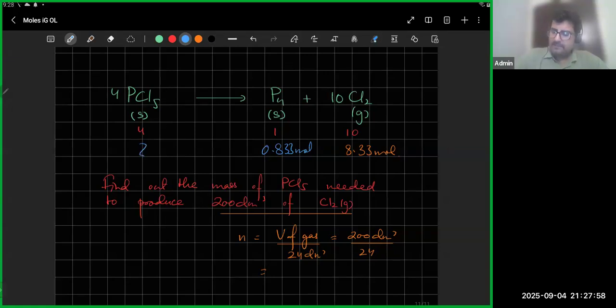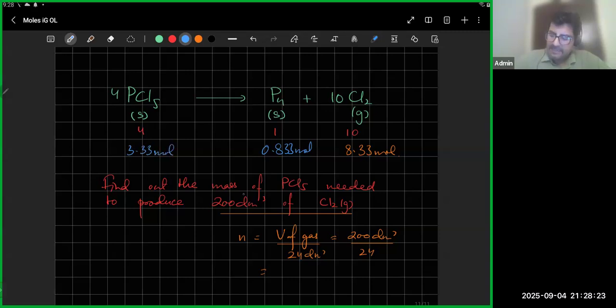What is this? That's 8.33 divided by 10 times 4. So 8.33, divide that by 10, and then multiply by 4, that's 3.33.